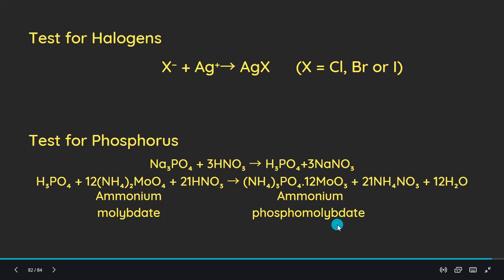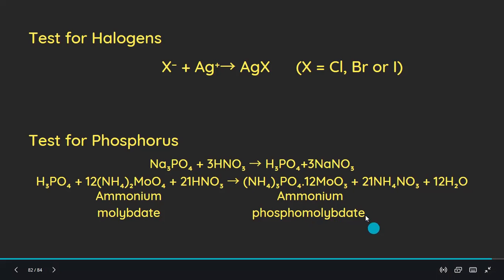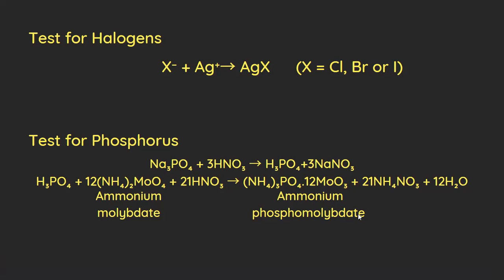This leads to a yellow precipitate, ammonium phosphomolybdate, and this shows that phosphorus is present. So in the first step, we're heating it with an oxidizing agent, and this converts the phosphorus present in the compound to a phosphate group.